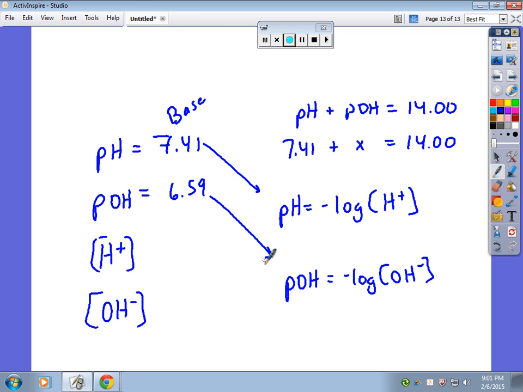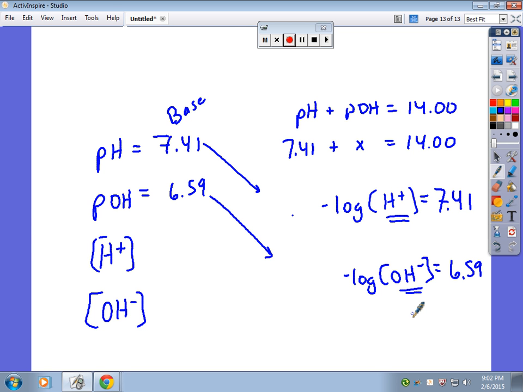So I'm going to go ahead and write down that this is equal to 7.41, and this is equal to 6.59. So in other words, I know my pH, and I know my pOH. I need to find this, don't I? So you do antilog.